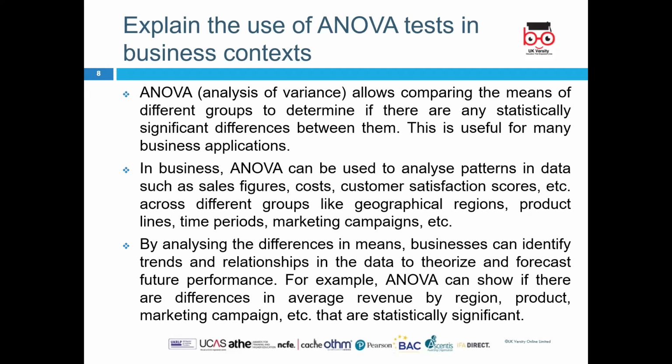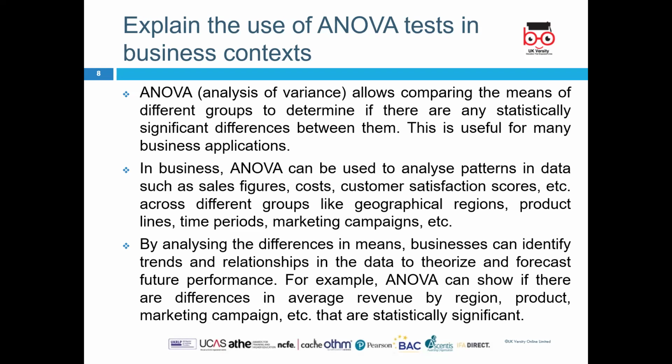ANOVA tests can be used to analyze patterns such as sales figures, costs, customer satisfaction scores, etc. across different groups like geographical regions, product lines, time periods, and marketing campaigns. This is where ANOVA is most commonly used in business decisions.